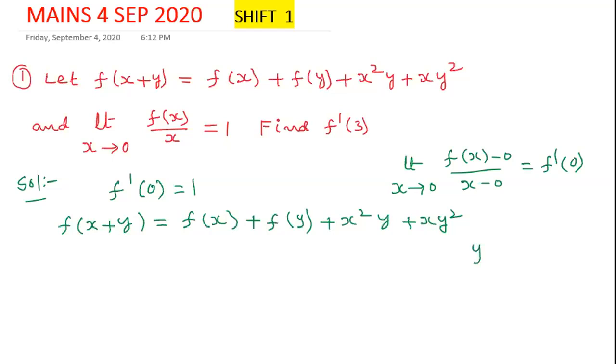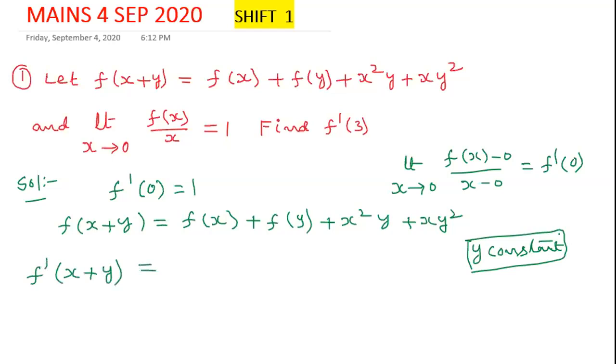Whenever we are doing partial differentiation with respect to x, y is constant. So the derivative of a constant, you know very well, is 0. Now, apply here the derivative of f(x+y), f'(x+y). Internal derivative: derivative of x is 1, derivative of y is 0, 1 plus 0, that is 1.